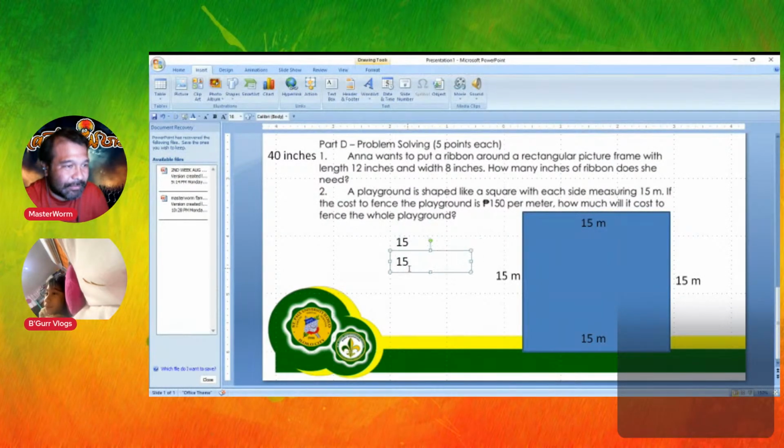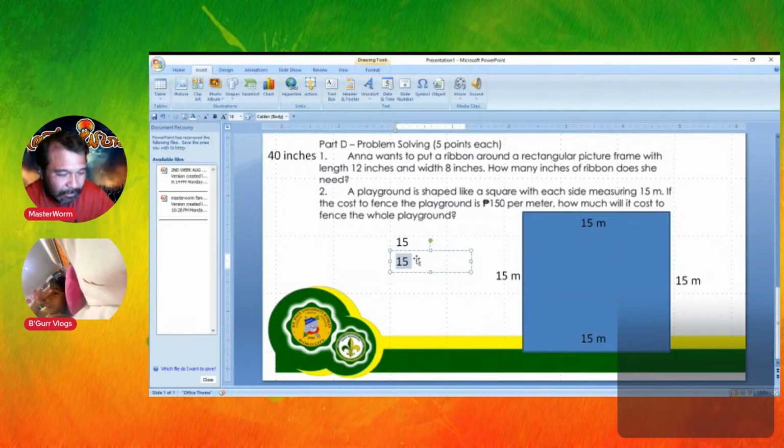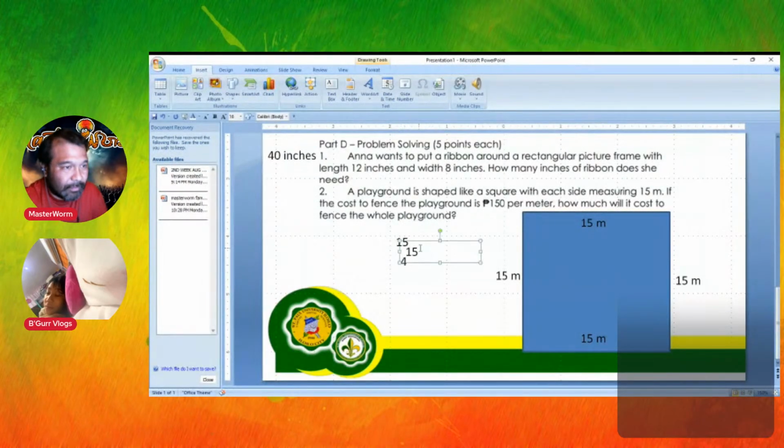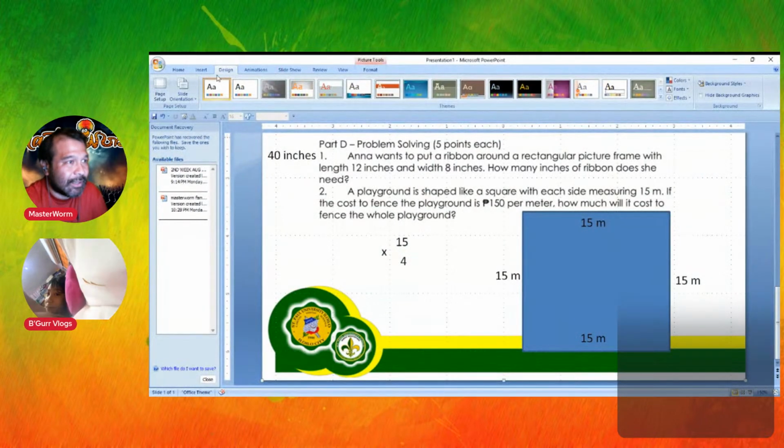Or no? When you say multiply 15 by 4, this is what it looks like. Remember that.